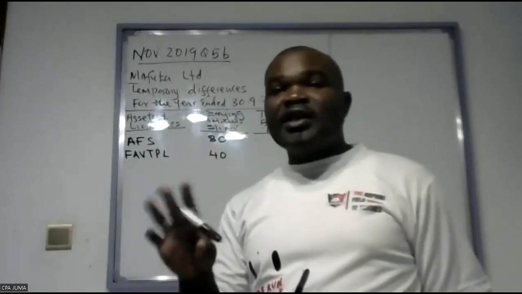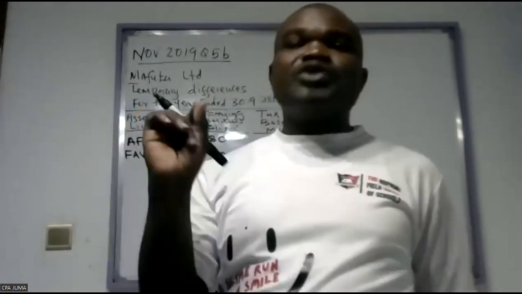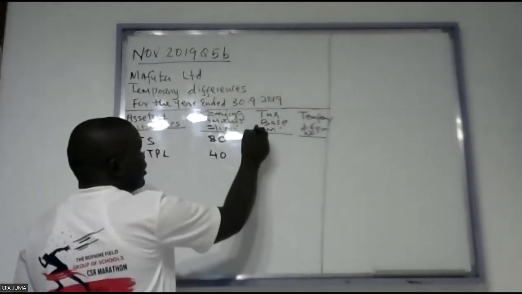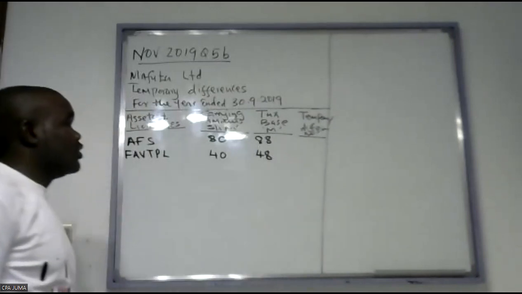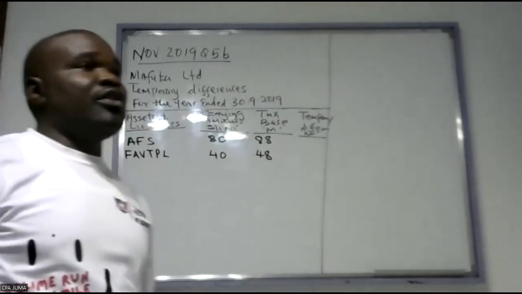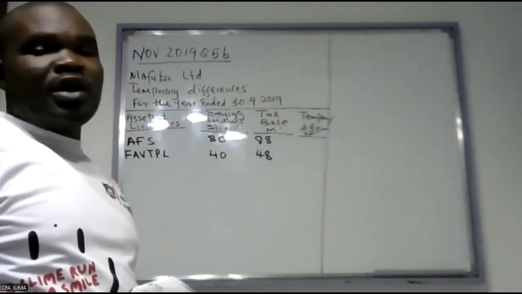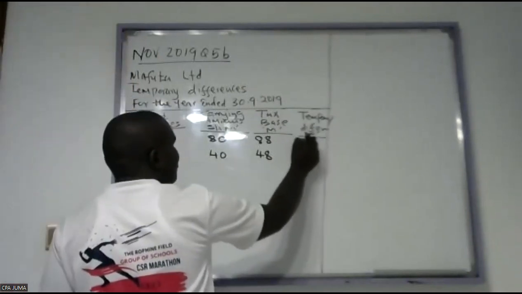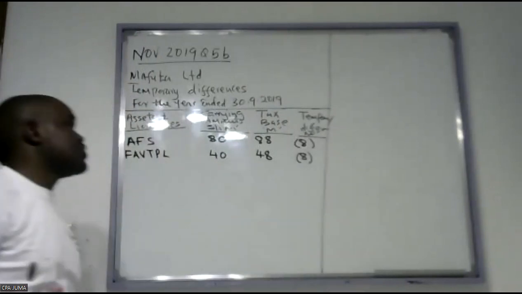In the event that wear and tear is not there, like here, there is no allowance, then the cost becomes the tax base. So for taxation, you gross up. There is nothing like there was loss in value. You gross up, then we negotiate on capital allowance, the wear and tear. So temporary difference here, we are talking of 8.